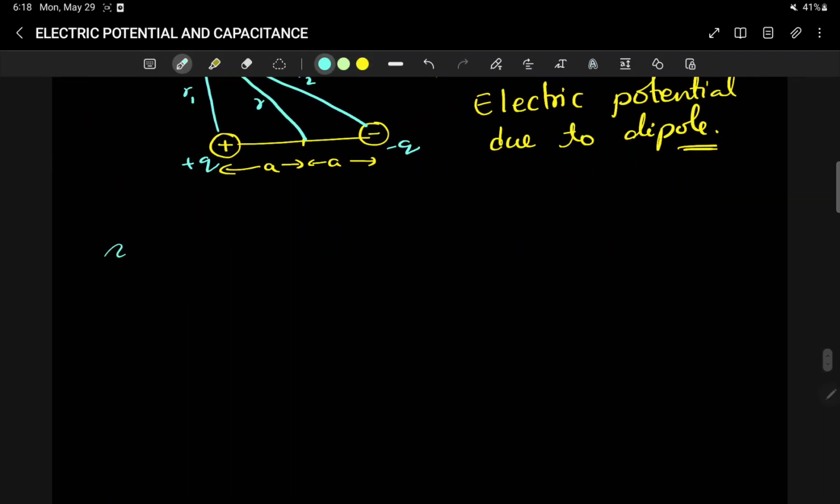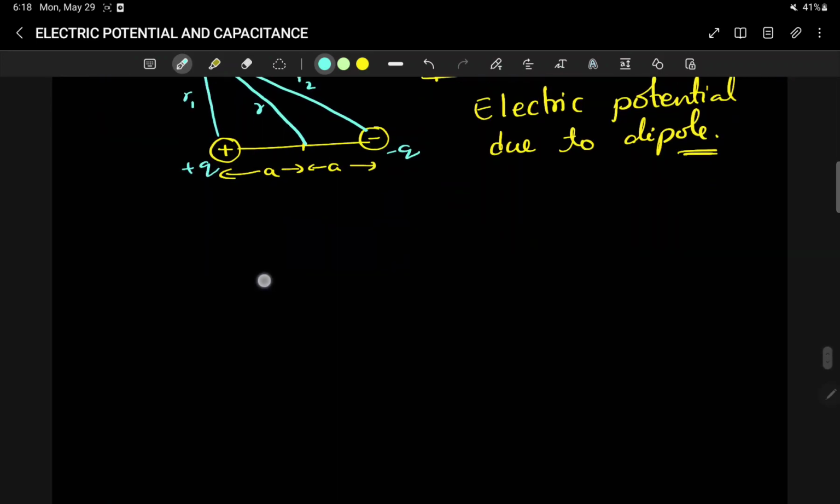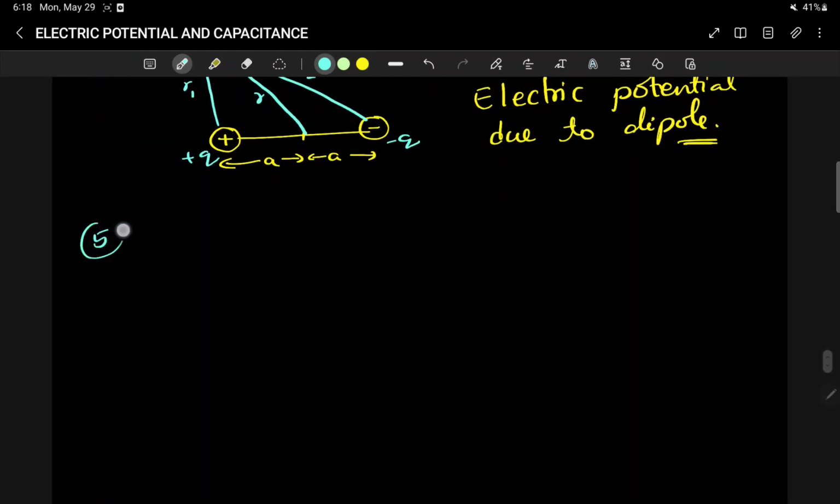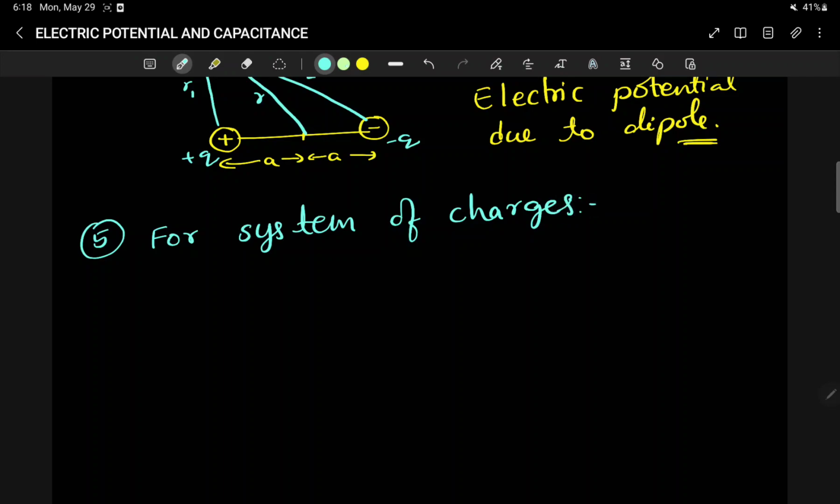What if we have n number of charges? So what is the formula for a system of charges, maybe positive or negative, whatever it may be? Let me consider here we have charge q1. What is the electric potential due to that? 1 by 4 pi epsilon naught q by r. Let me consider this is distance r1.